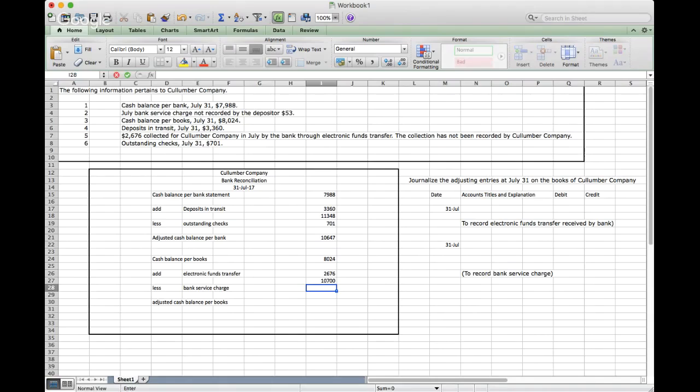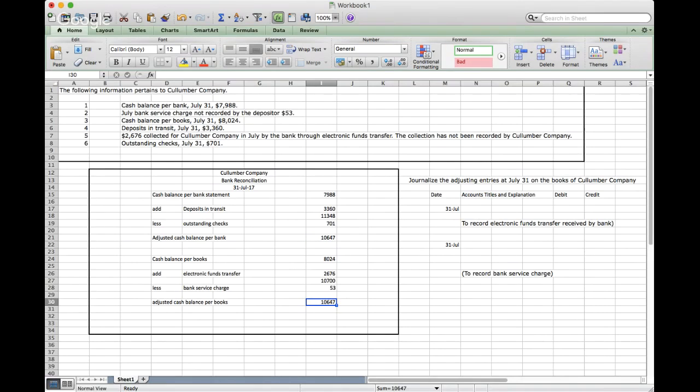So we're going to subtract that. And then when we subtract that, we get our adjusted cash balance for books, just 10,647. And look at that, they match.